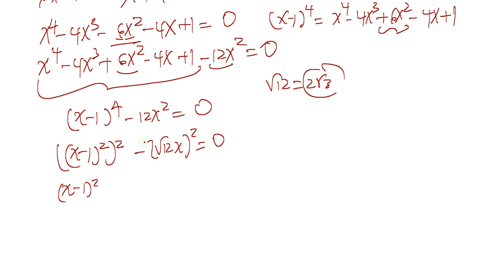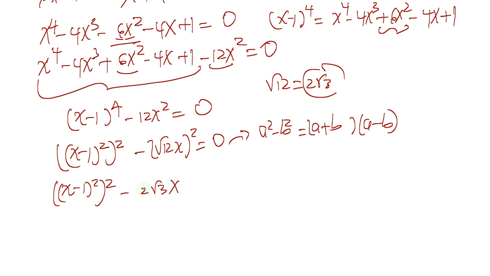And here we're going to apply the difference of two squares: a squared minus b squared equals (a plus b) which multiplies (a minus b). Let me write this like this, so it's more understandable: this is minus (2 square root of 3 x) all squared equals 0.